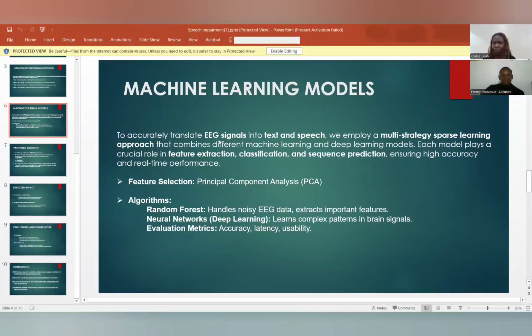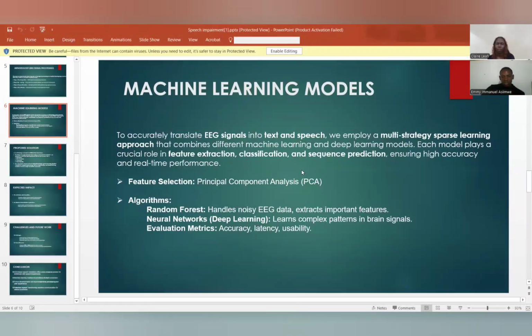To accurately convert these signals to text and speech, we would need a dataset of EEG signals, which we currently don't have, so we used a dataset that has voice signals for children who have good speech, who are not sick, and those who are impaired and have difficulty speaking.